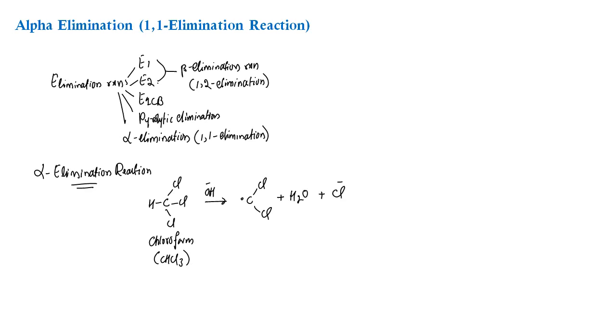Here the species is known as dichlorocarbene. Usually carbenes are interesting reactive intermediates. We will focus briefly on their chemistry.